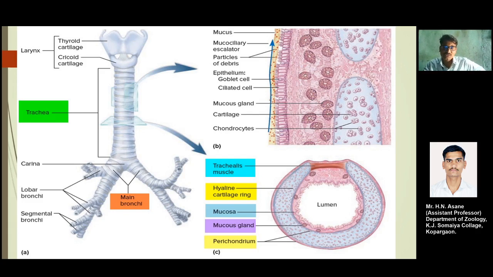The microscopic structure, the transverse section of the trachea, shows the innermost layer of the mucosa, then the lamina propria, then the submucosa, then the hyaline cartilages and the fibrosa, also known as the adventitia. In the mucosa layer, it is lined by pseudostratified columnar ciliated epithelium.